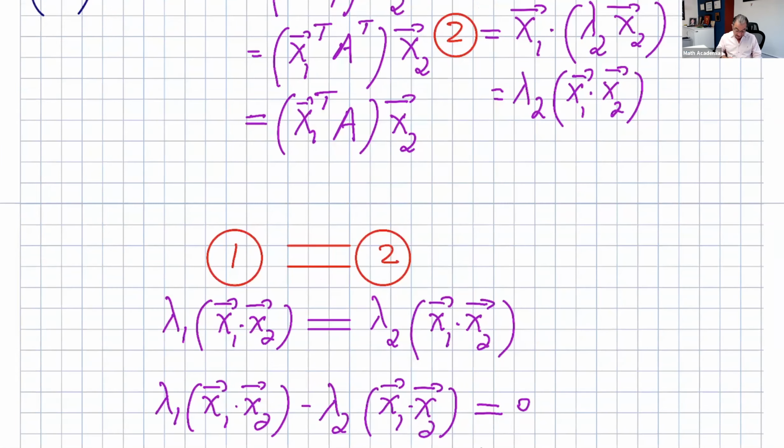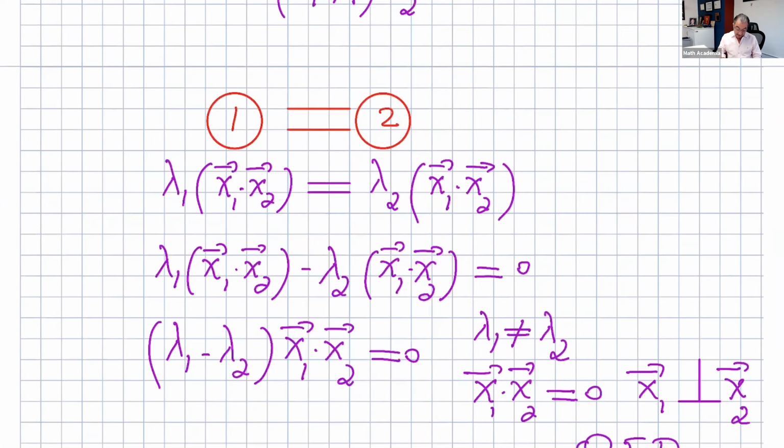And we take number 1 and put it equal to number 2, and if you take this one to the left side, you get 0. So this quantity is 0.